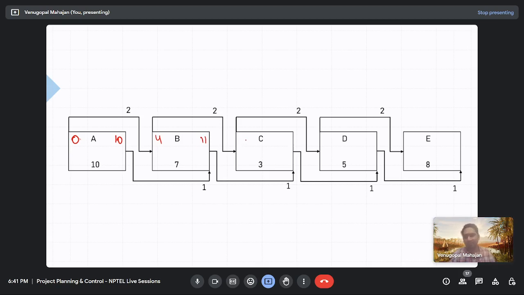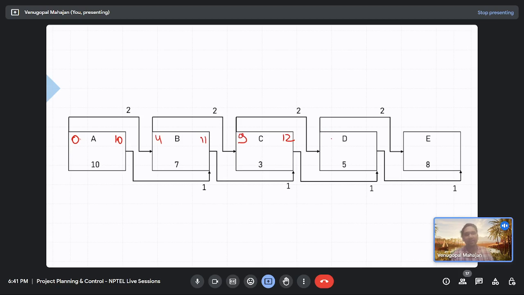What about activity C? If you go by this relationship, it would be 6. 2, 6. And from other relationship, it would be 11 plus 1, 12. 12, sir. And 12 minus 3, it would be 9, sir, instead of 6. So you have got 12 and 9 here.